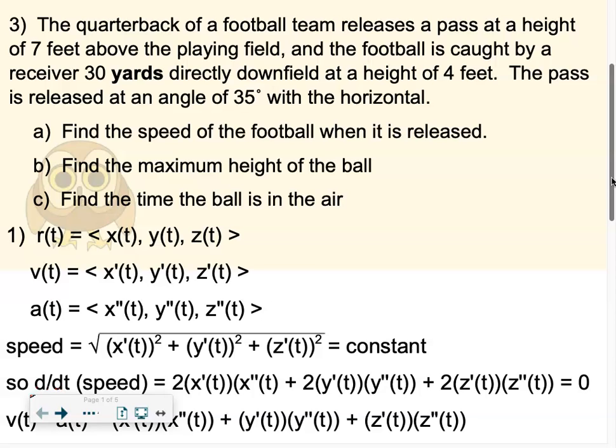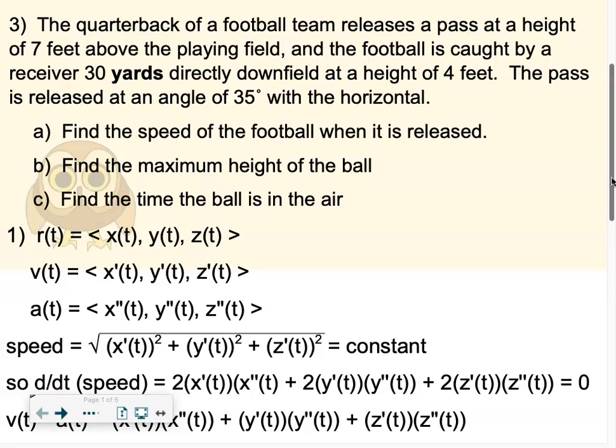Well, we're given some more information. We're also told that the football is caught 30 yards directly downfield. Is that a horizontal or a vertical distance? It's a horizontal. Now 30 yards is the same as 90 feet, right? And then it's caught at a height of 4 feet.